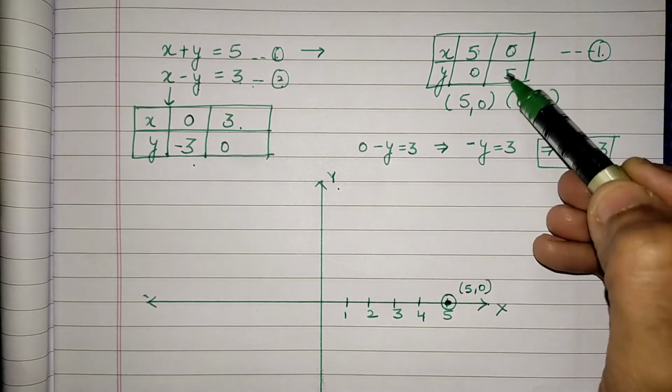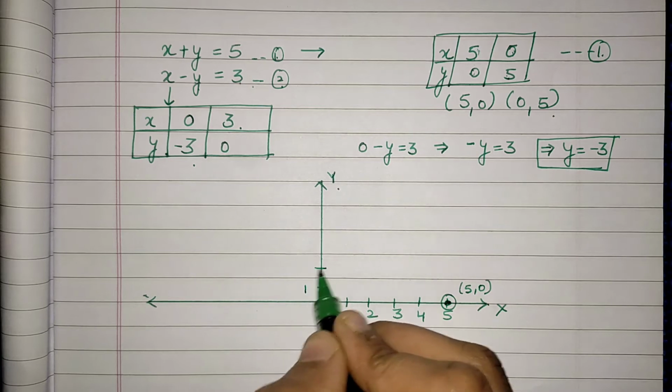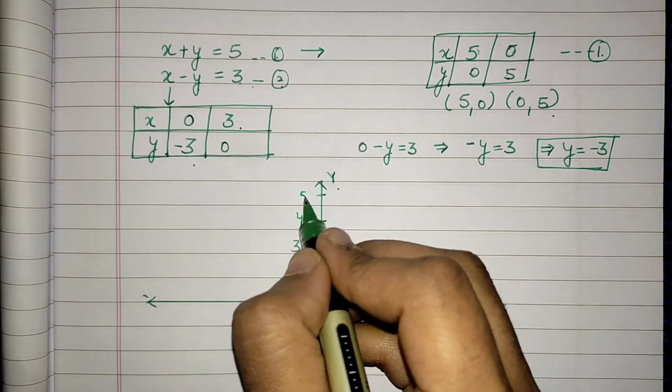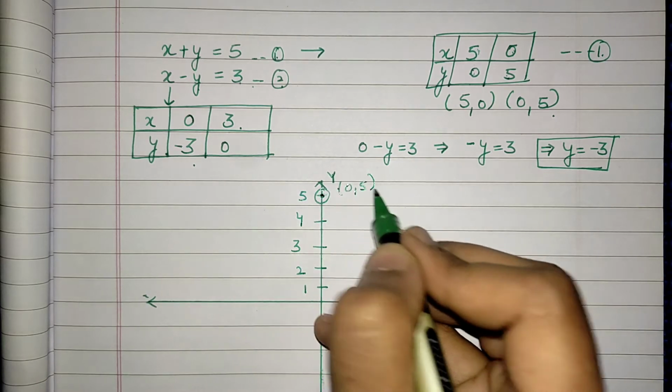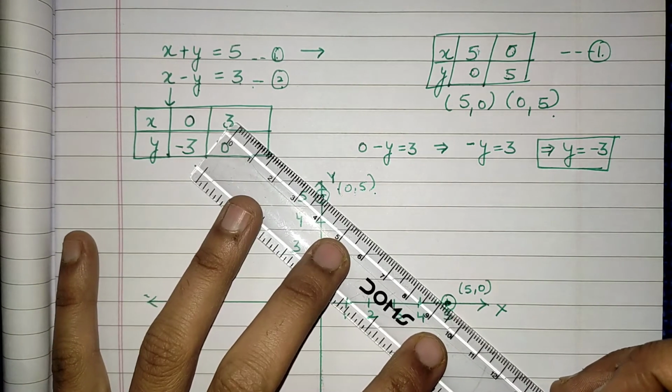The second point is (0, 5), which means this point will lie on the y-axis. Now join these two points.